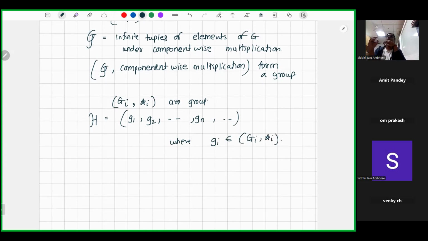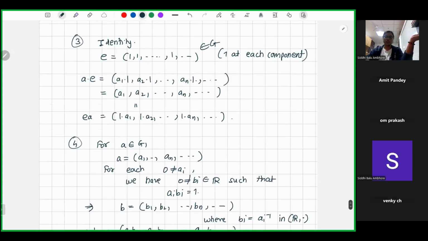Okay, and we have to choose inverses and identity. So the identity will be E1, E2, En, and so on. And the inverse will be like this. For example, for an element G1, G2, GK, the inverse will be G1 inverse, G2 inverse, GK inverse, with each inverse in the group Gi at position I. So this is just an example.